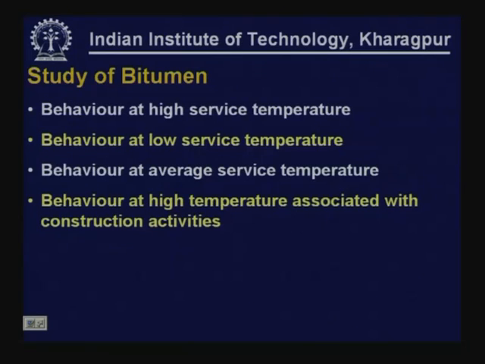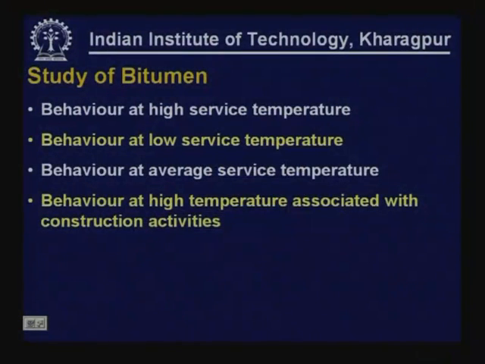Service temperature is the temperature of the pavement during its service life period, maybe 10 years, 15 years, 20 years. So, what are the higher temperatures that the binder or the bituminous pavement is going to be subjected to? Typically, this can be 20, 30, 40, 50, it can even be 70 degrees centigrade if we are talking about areas which have very hot climatic conditions.